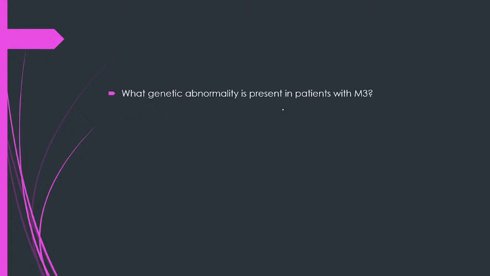What genetic abnormality is present in patients with M3? This is your t(15;17), which is your promyelocytic leukemia. So see the difference. There are translocations. When I was studying in college, they didn't have this one because most of our books haven't been updated yet with cytogenetic analysis.